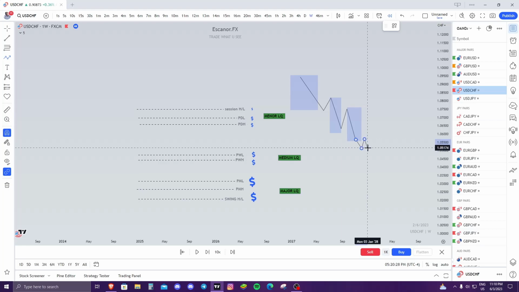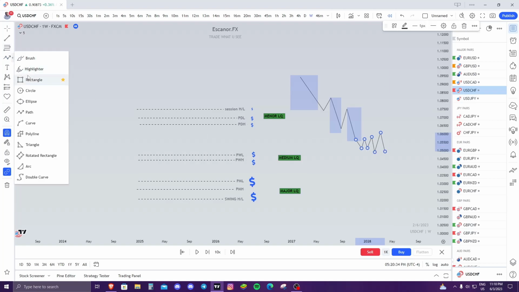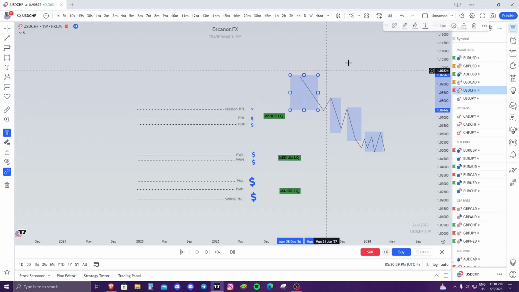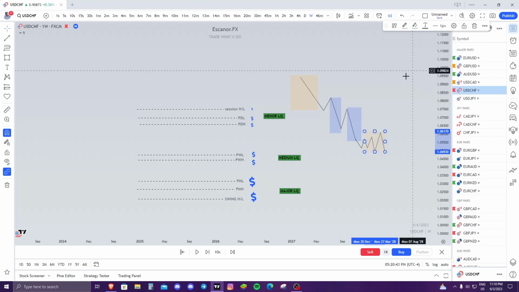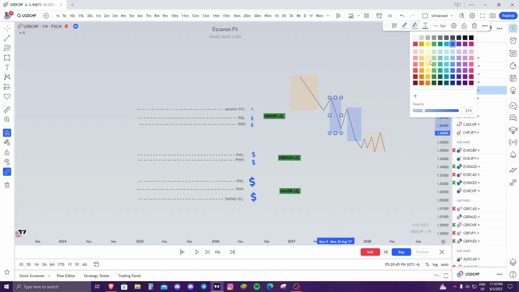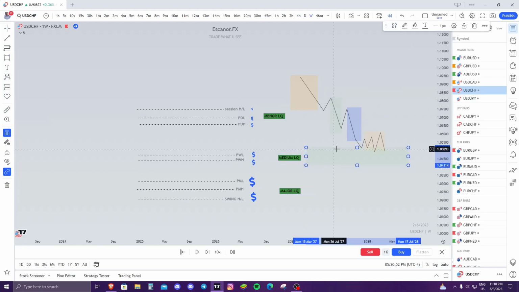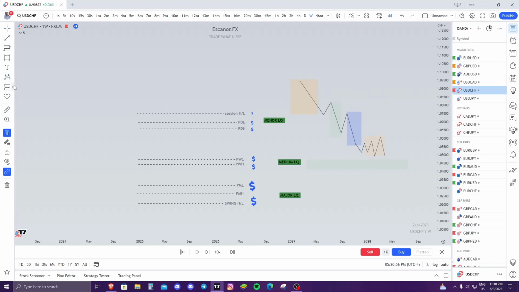In the next day, let's say we start here the Asian session again. So for example, we have here the Asian session. Let's make it with different colors. So this is the Asian session, and this is the London session, and this the New York session. Okay, and we have here some kind of point of interest, and we are in a bullish market.